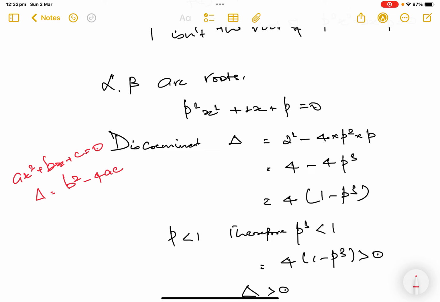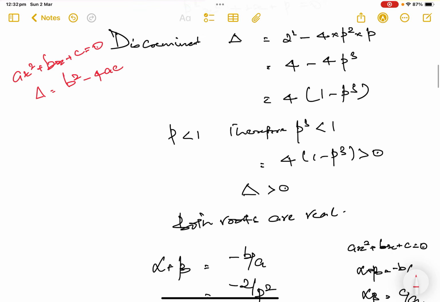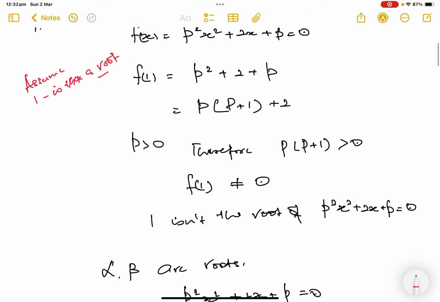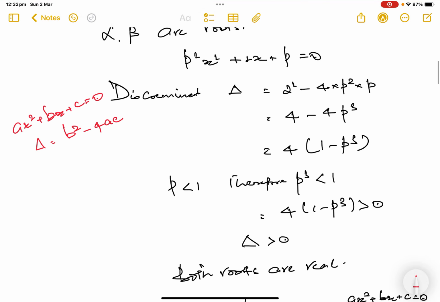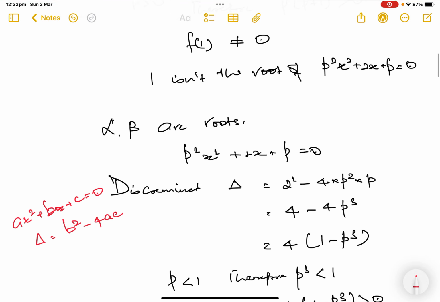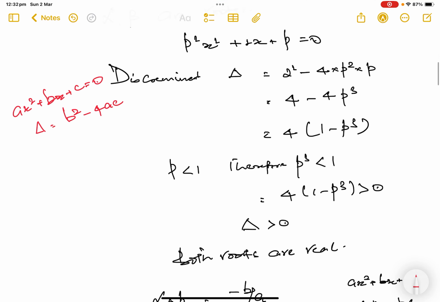Here b is 2, so 2 squared minus 4 times a, which is p squared, times c, which is p. Therefore 2 squared is 4, minus 4p cubed. Take 4 out: 4 times 1 minus p cubed. We are given that p is less than or equal to 1.